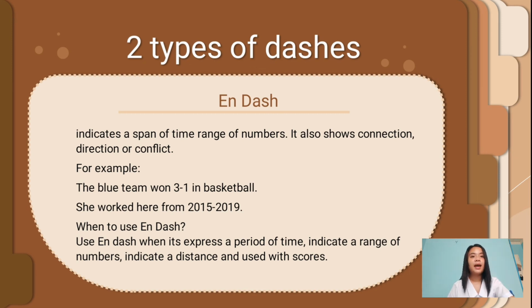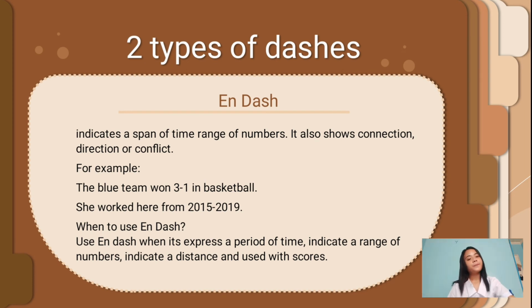So the N dash here is between 2015 and 2019. So in these examples, it expresses a period of time, indicates a range of numbers, and is used with scores.